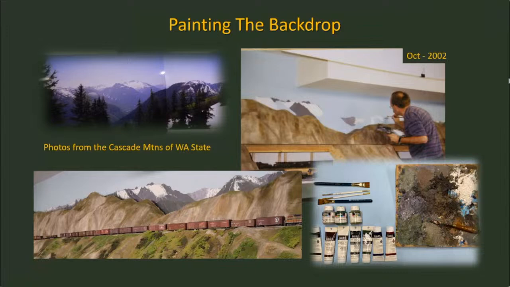The backdrop I painted using acrylic paints and photos from the Cascade Mountains. So the photo in the upper left is taken in early June from a peak just above the Great Northern Railway. And I used that for color and the massing, the shape.